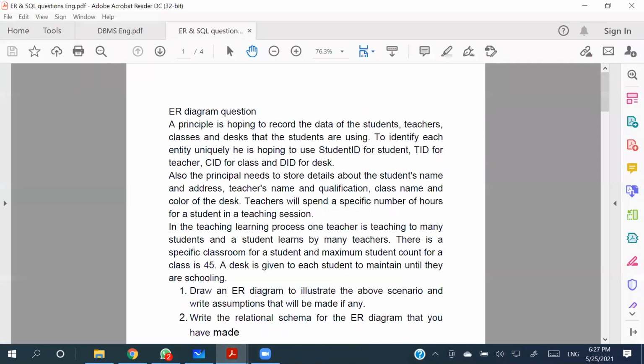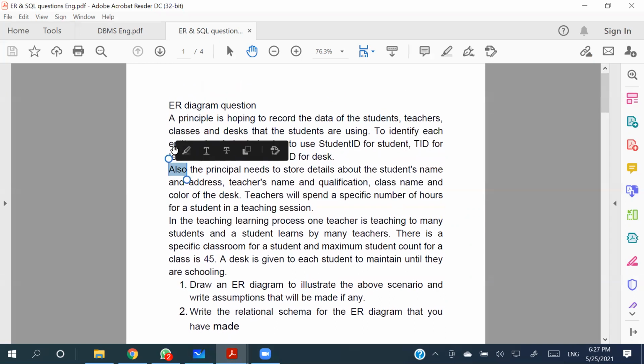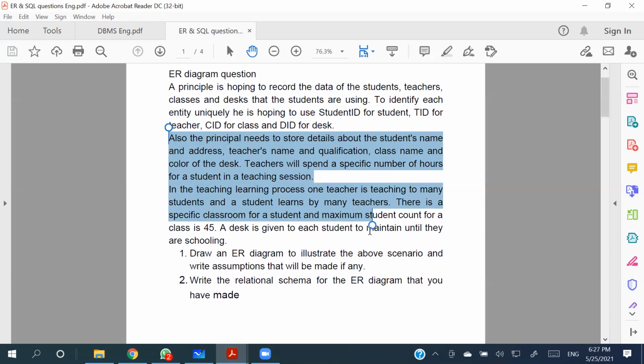The first part is to draw an ER diagram for this scenario. When you read it, you will find entities like student, teacher, class and desk. The key attributes for them are indicated at the end of the first paragraph. The remaining two paragraphs give hints to identify the attributes and the cardinality. So read it carefully. When drawing an ER diagram, you may have to read the question 4-5 times. Then plan it properly.